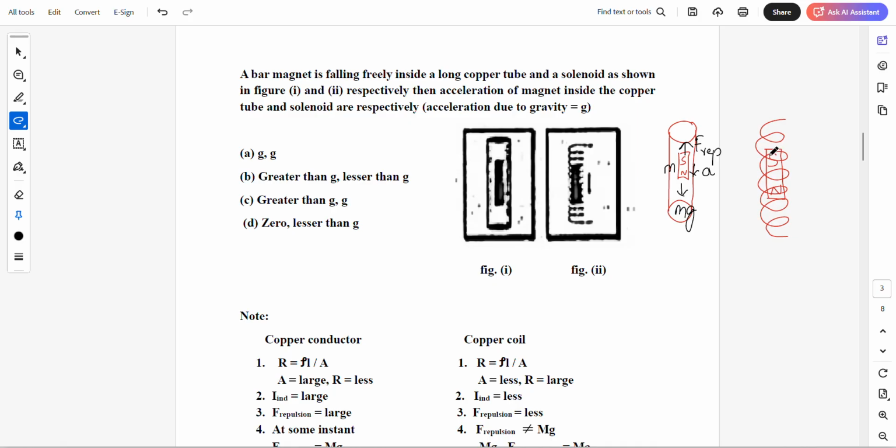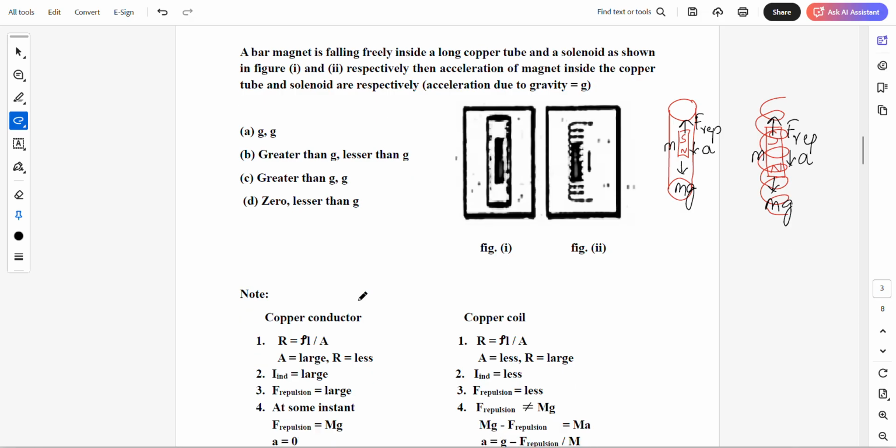In case of solenoid, again the same thing: mg will be downwards, F repulsive will be there. M is the mass of the bar magnet and A is the acceleration. Clear explanation for this problem I have given here.